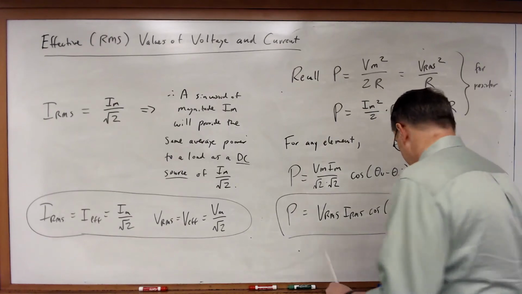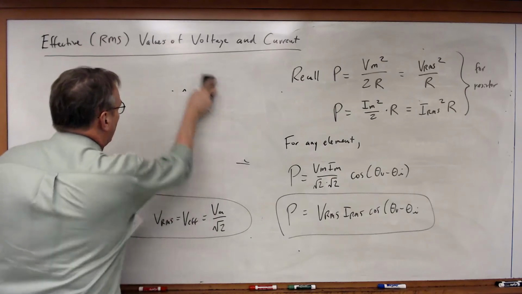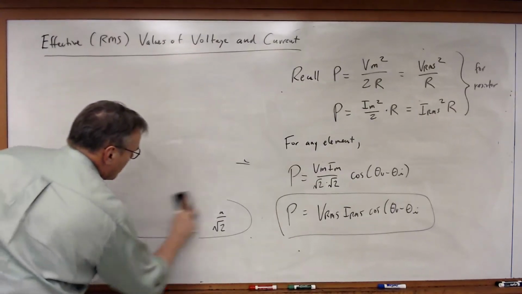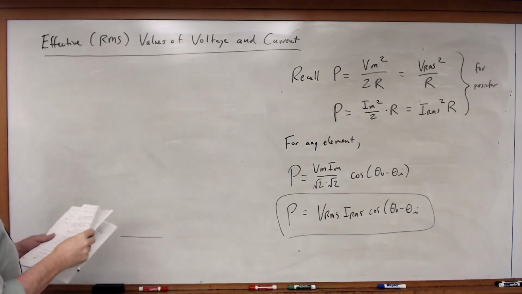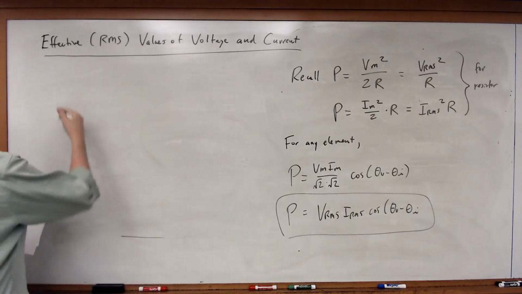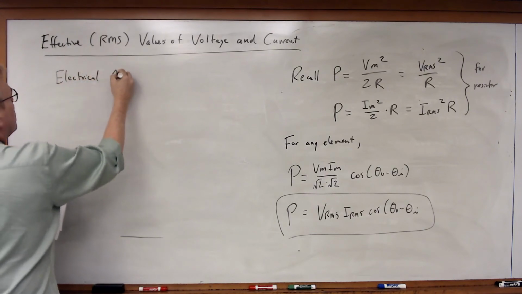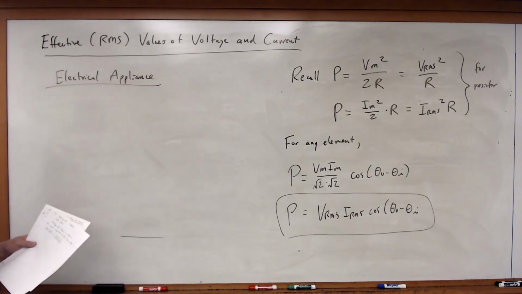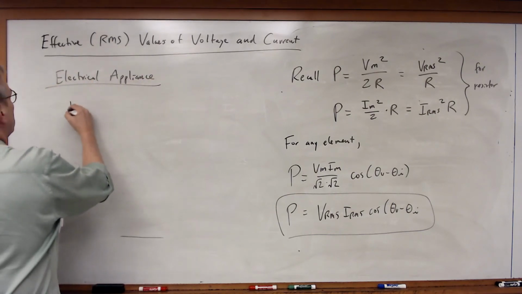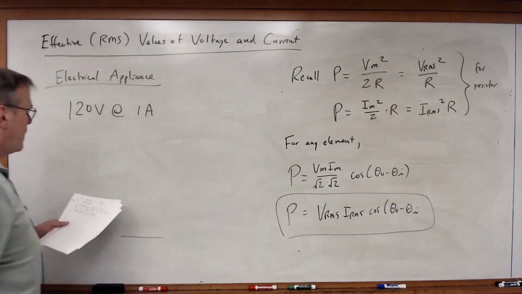So, for example, for an electrical appliance, if you look at a label on an electrical appliance and you see how it's rated, you'll see something like this. You'll see, for example, 120 volts at 1 amp.